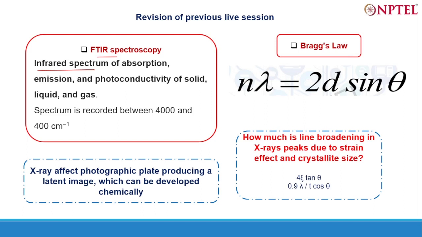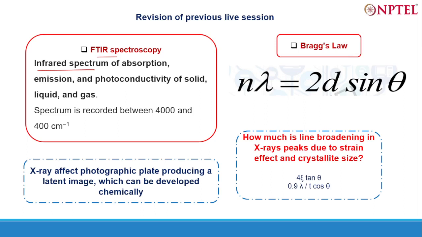You have to prepare the sample with the exact directions. Then you conduct FTIR and obtain results. The main important part is interpretation of these results. That is the main part.